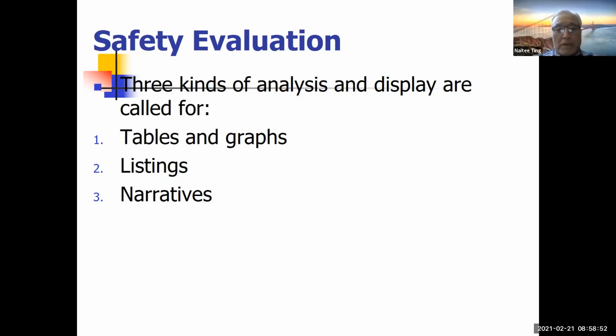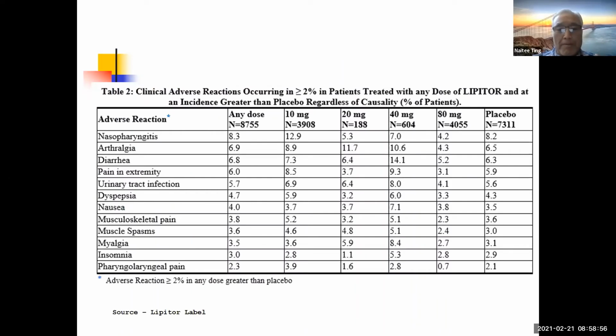Now, let me see if we can take a look at the table here. This is a table I copied from the Lipitor label. If you look at Lipitor, there's 10 milligram, 20 milligram, 40 milligram, 80 milligram, and placebo.